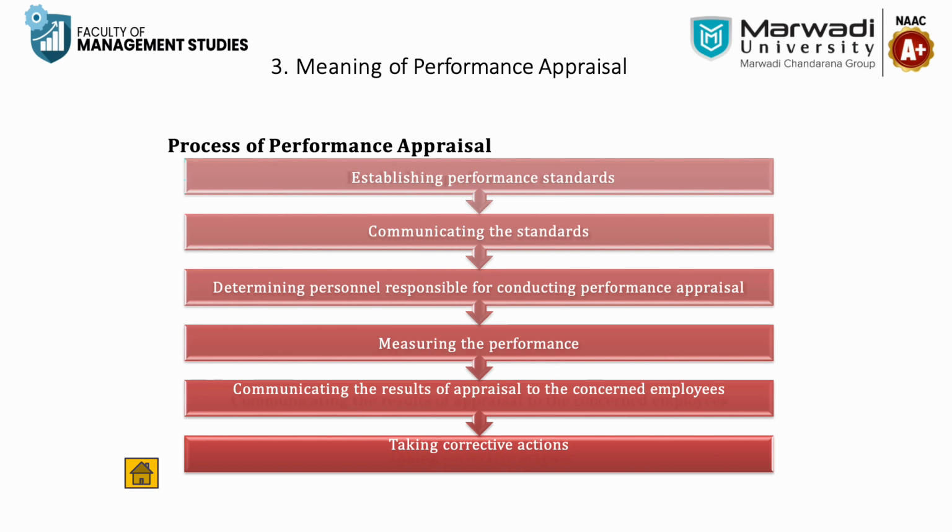So for every department, for every position, for every project, some standards should be determined, so at least it becomes easy to compare with the standards. So first thing, establish performance standards.